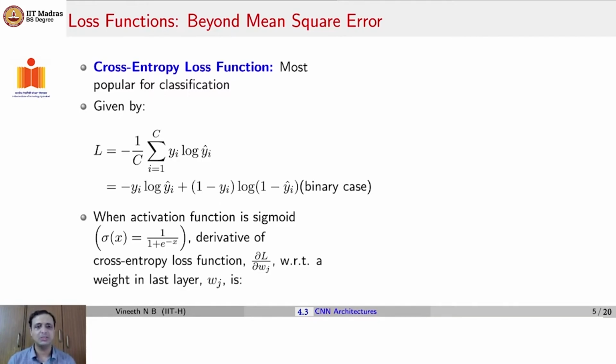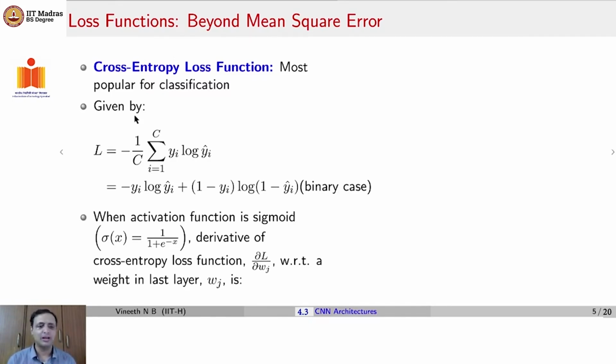In classification problems, the most common loss function is known as the cross entropy loss function, which measures the entropy between the probability distribution on the output labels in the ground truth versus the probability distribution on the output labels as output by the neural network. This gives you a sense of the error committed by the neural network.